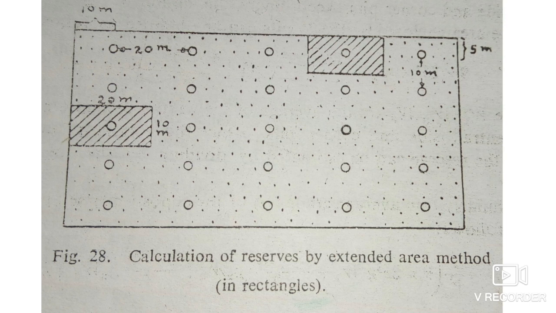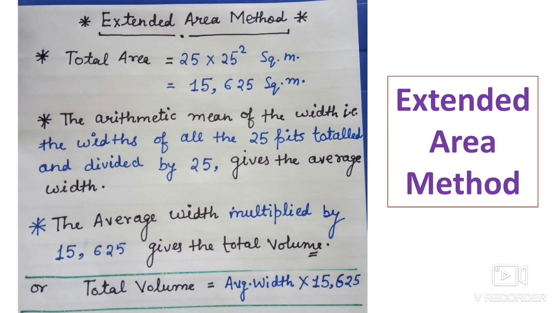Here in the rectangular shape, the thickness has been shown, and the side is 20 meters, so half will be 10 and another half will be 10. So that's the method of reserve estimation by the extended area method.